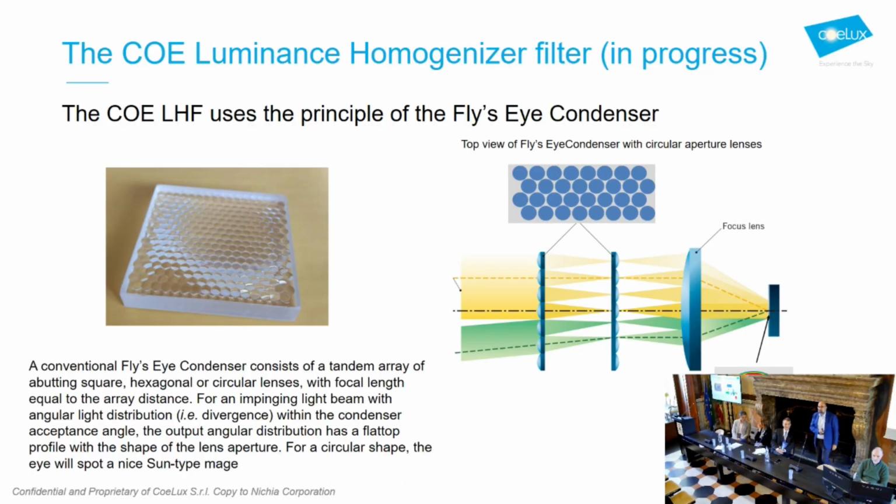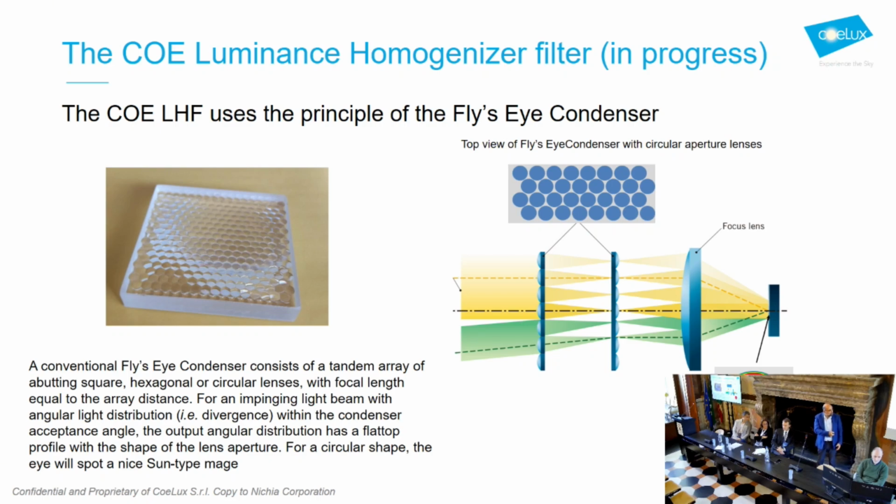So the idea is to use the so-called fly eye condenser, which is nothing else than a double matrix of lenses, with the focal length of one being focused on the other. This system is insensitive to the direction. So the light that comes from different directions comes out all with the same feature.